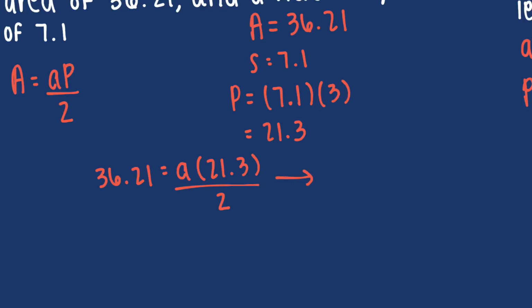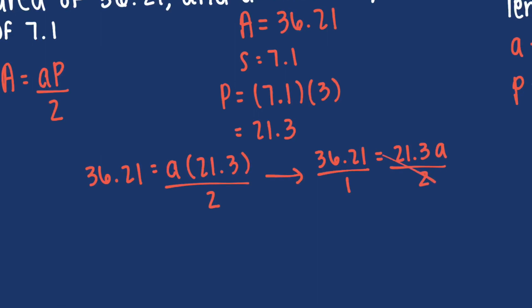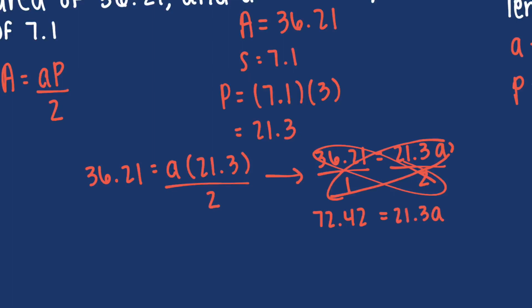I am going to rewrite this. 36.21 is equal to, and I'm just putting that 21.3 in front, a divided by 2. I put the left side over 1, and again we cross multiply. So 36.21 times 2 gives me 72.42, and it's equal to, I cross multiply the other two, 21.3a.